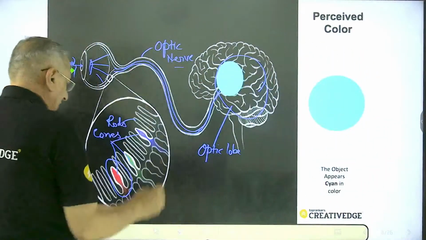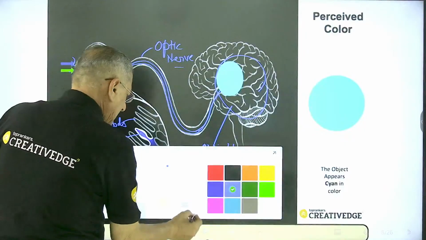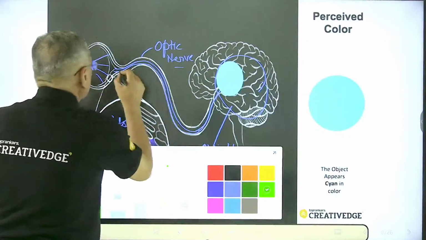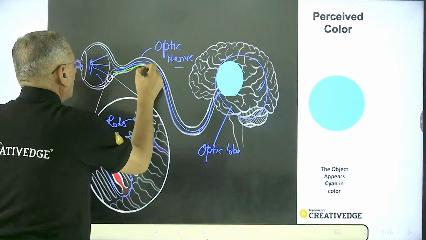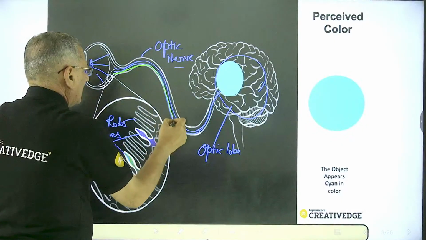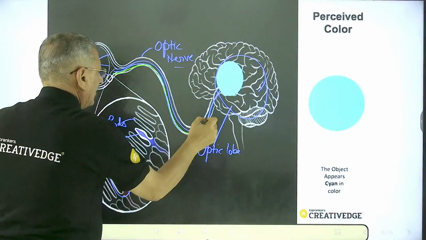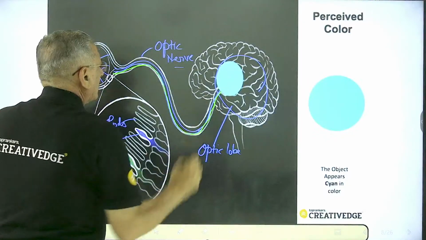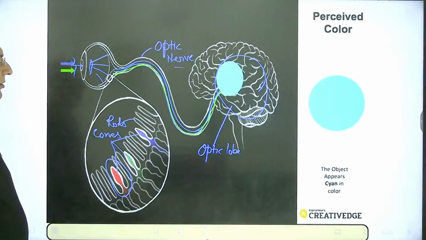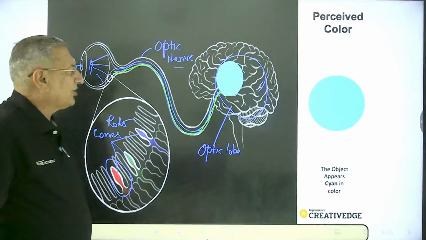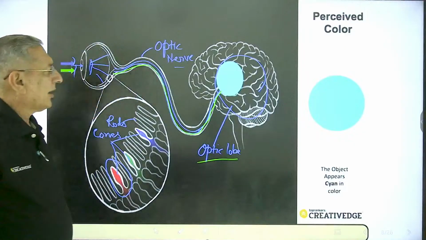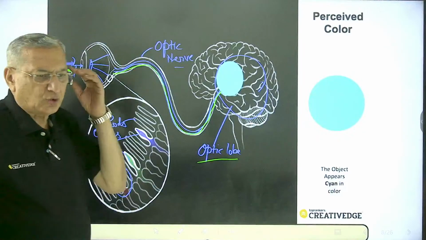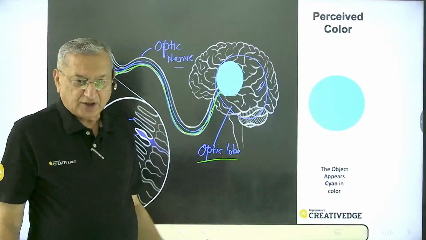Now, these are two colors. Let me correct this. Green and blue reach the optic lobe of the brain. The brain cannot recognize these two colors separately.